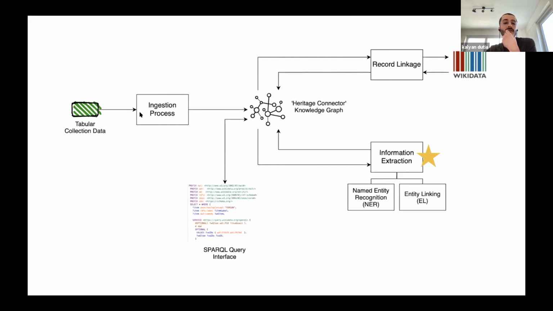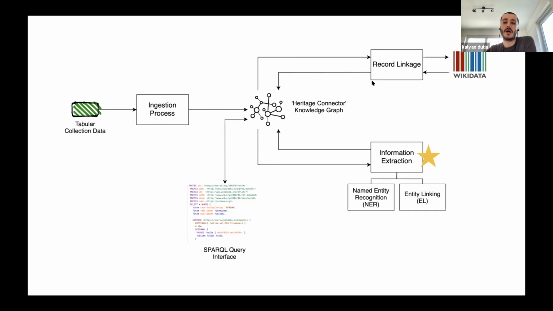This is collections data from a collections management system, which is ingested into the knowledge graph with a few other things, to be able to prompt you to use linked open data controlled vocabularies for certain fields, if you don't use controlled vocabularies.